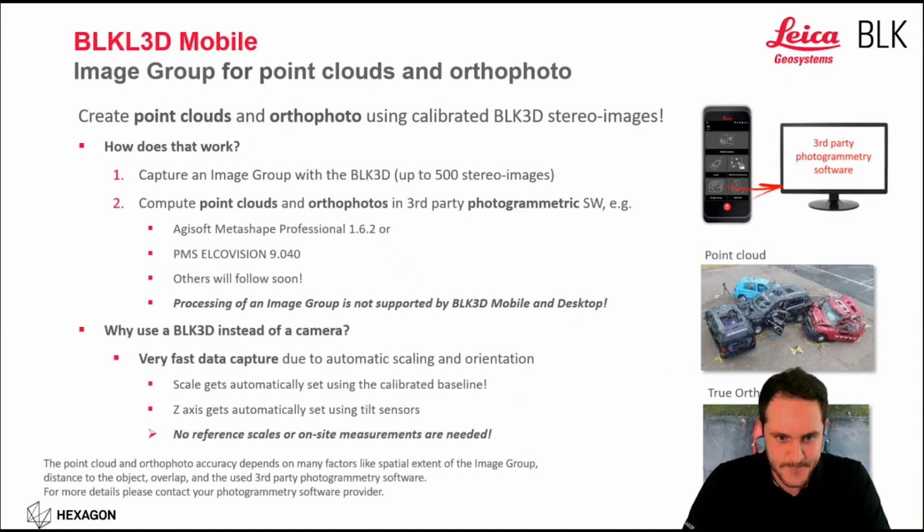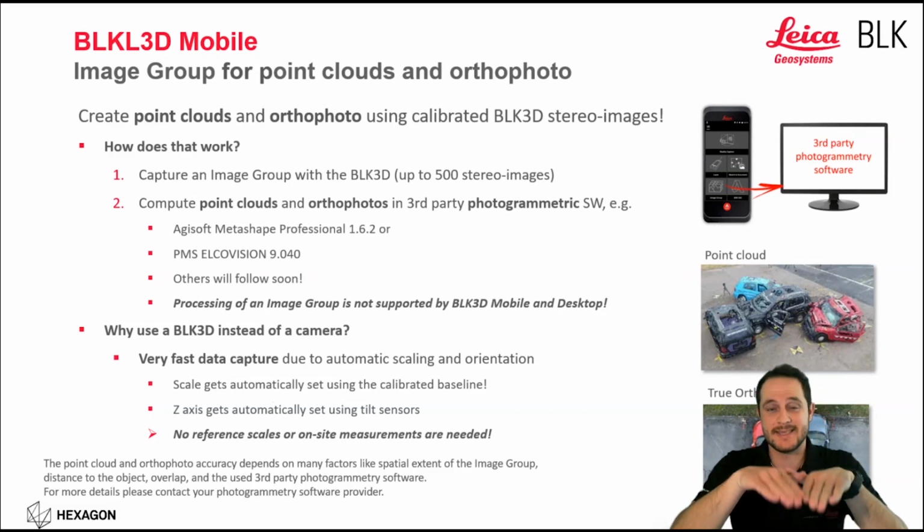So again, in this presentation, you have all the information you need, but what we're doing is point clouds and orthophoto using calibrated BLK3D star images. And yeah, why should you use this instead of a normal camera? Like I said, one thing is you get automatic scale. The other thing is we also detect the Z-axis.